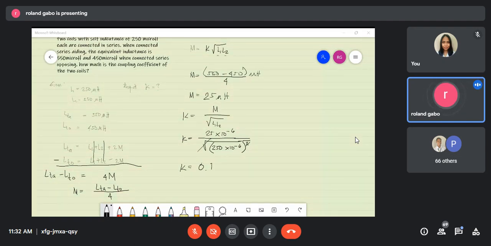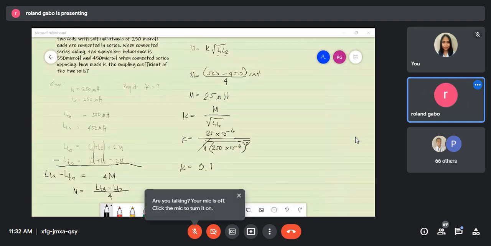Self and mutual inductance. We already discussed the induced voltage.